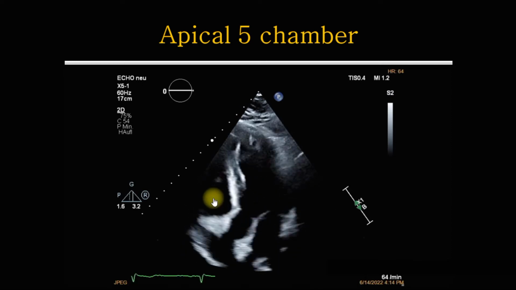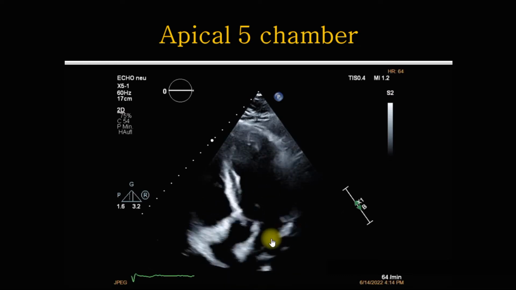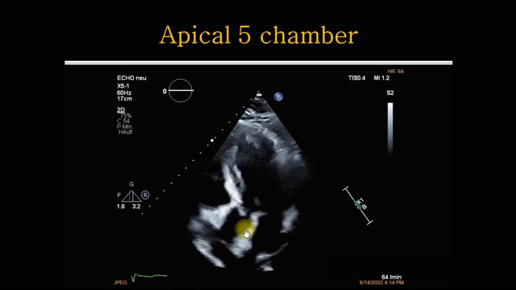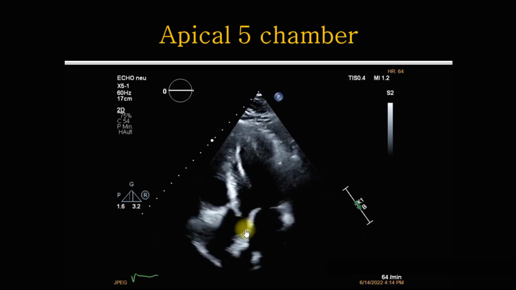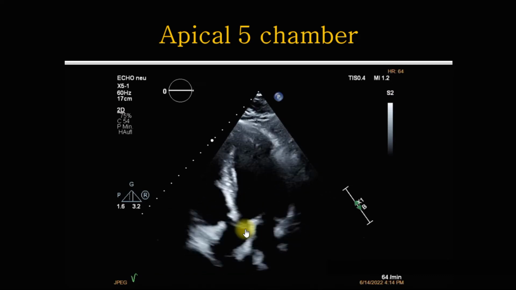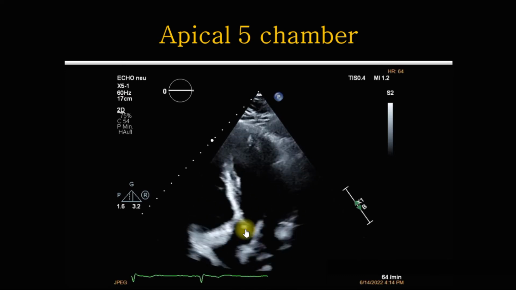We see here the right ventricle, the left ventricle, the left atrium, and the aorta. From the 4-chamber view, we tilt the probe slightly downward and get an apical 5-chamber view.